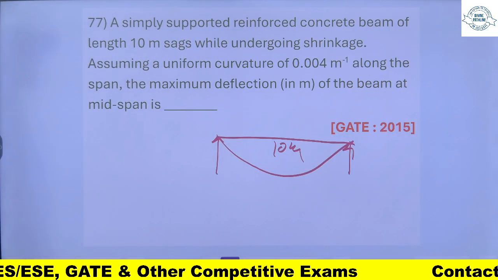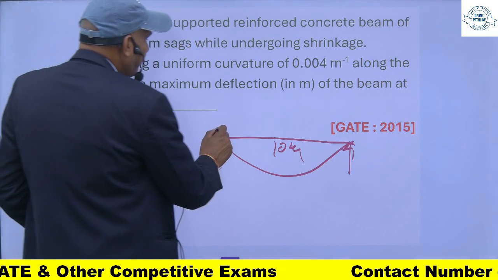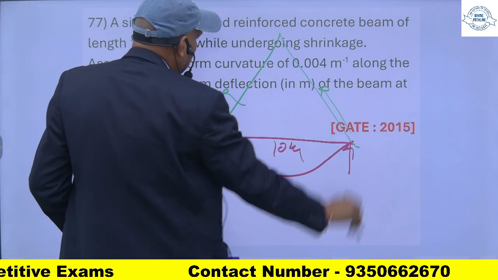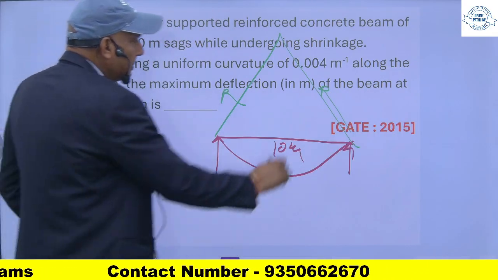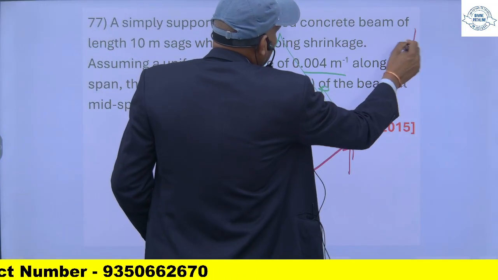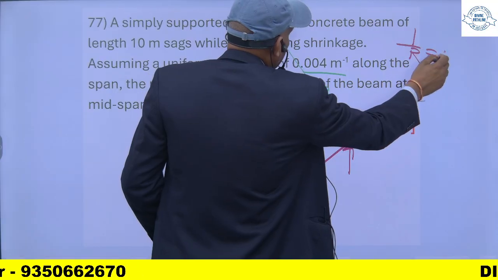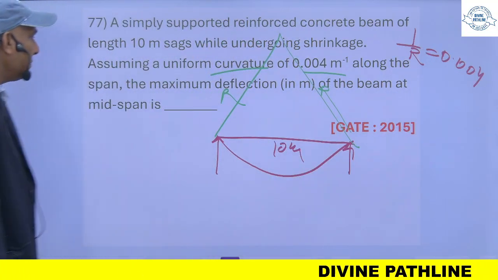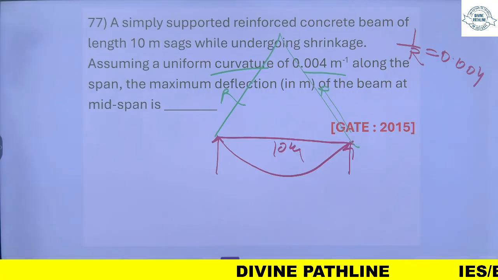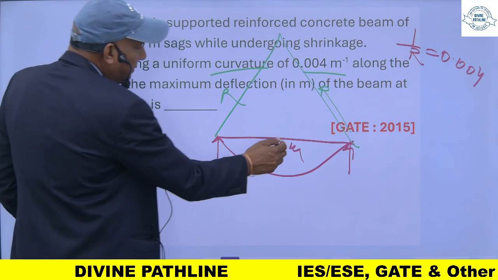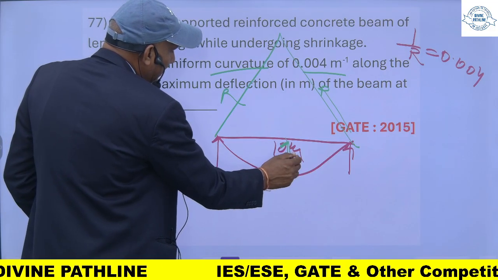Assuming a uniform curvature of this much, what is curvature? 1 upon r is the curvature. This is given as 0.004. Along the span, what is the maximum deflection in mm of the beam? This is the maximum deflection, delta.